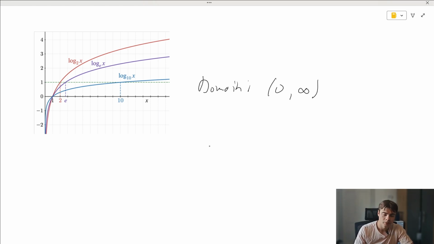Why? If you take 5 again, and minus 10, there is no power that 5 can be raised to to get minus 10. So log of negative numbers just doesn't make sense.